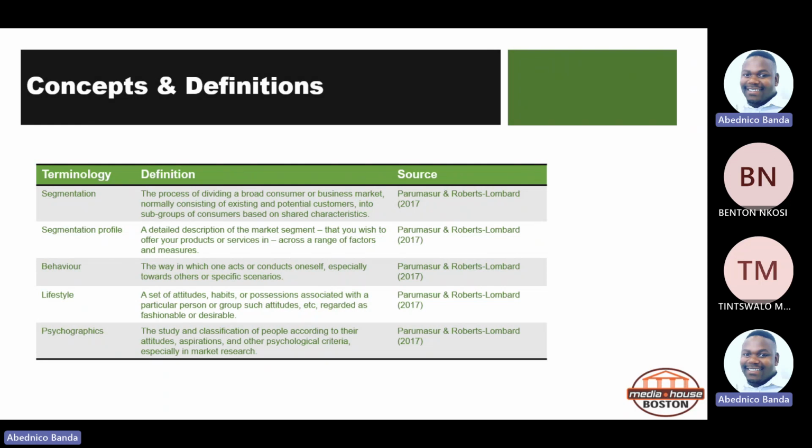As I used a relationship example, if you are a male who is looking for a partner, or a female who is looking for a partner, the first thing that you do, you would group the partners into categories, into segments. So if you are a man, for example, you can group women into slay queens, into divas, whatever it is, or into Xhosa, into Ndebele, into Zulu, or you can group them into Christians, into Muslim, whatever criteria that you are using to group them. That's your segmentation, right?